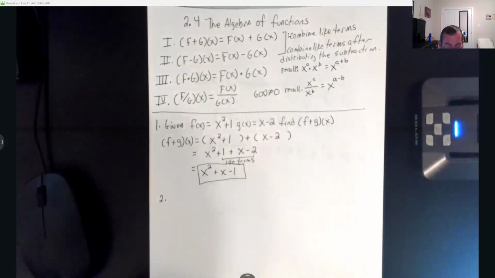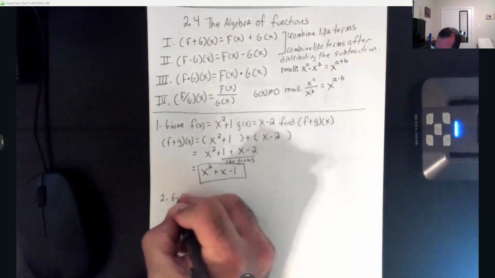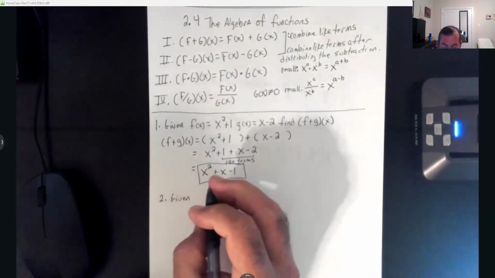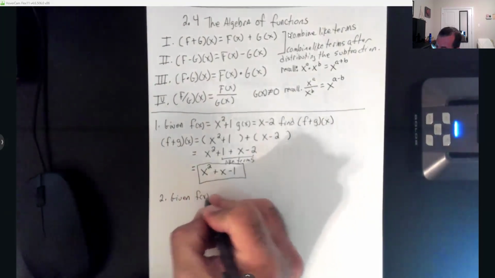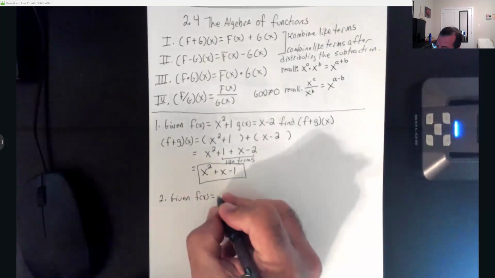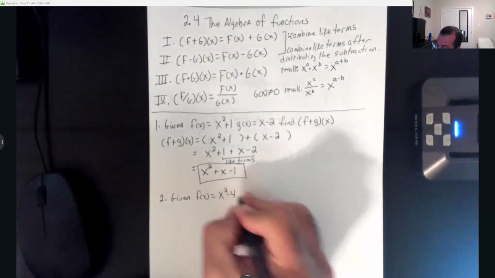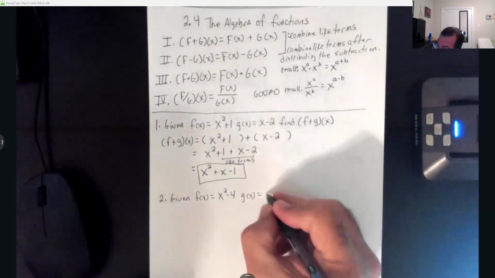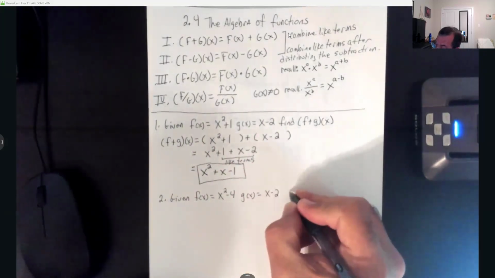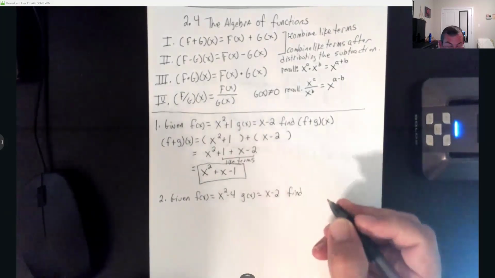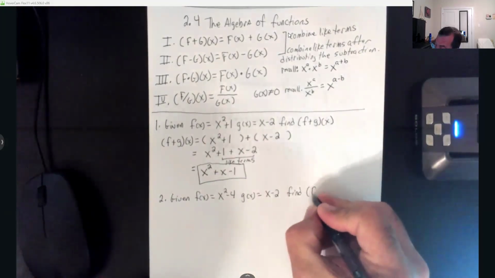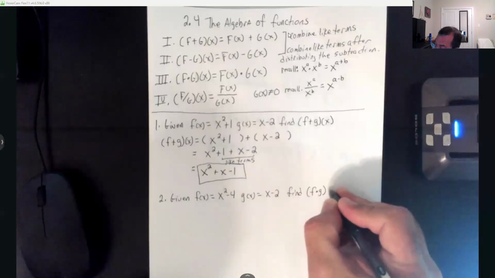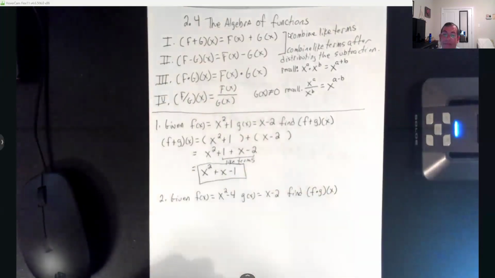Alrighty, so for this number 2, y'all, we're given f of x equals x squared minus 4, and g of x equals x minus 2. They want us to find f times g of x.